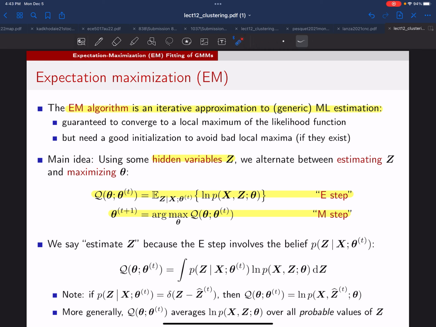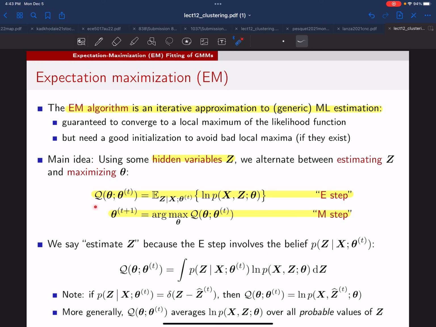So in the E step, what you're doing is you're computing a function. In the M step, you're maximizing that function over the unknown parameters theta. But notice there's another thing here called theta t. Theta t is your guess or your estimate of those parameters at iteration t. So what's happening in the M step is you do this maximization over theta, this free variable, using your guess from the previous step, and that gives you your guess on theta for the next step.